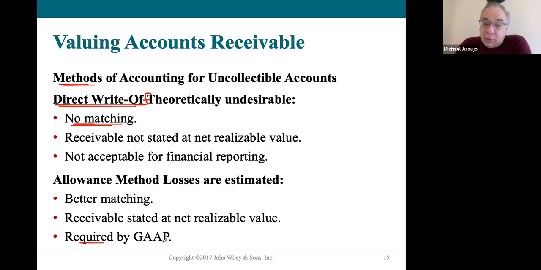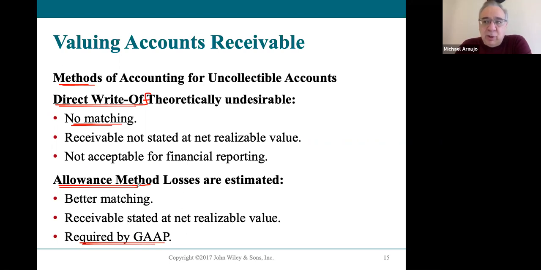Corporations, public corporations, because that's really the focus of GAAP, have to use something called the allowance method. What they do is they estimate every year, based on past years, because most businesses have been in business for a while, what percentage of receivables are not collected.